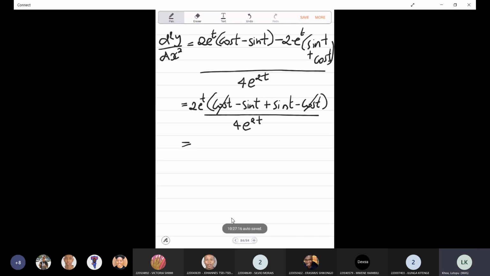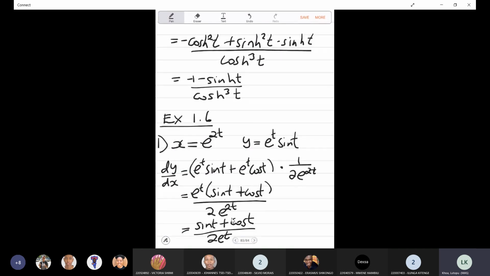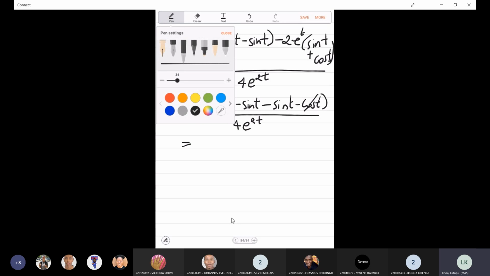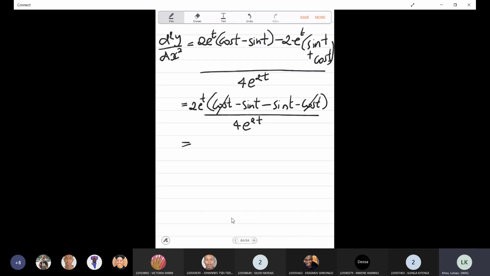Let me just check. I'll go back and see. That's different from what I have here. The sine t is negative. The second sine t is negative. Yes, that's why. Okay, so this would be negative. So the 2's will also cancel. The e to the power of t will cancel.